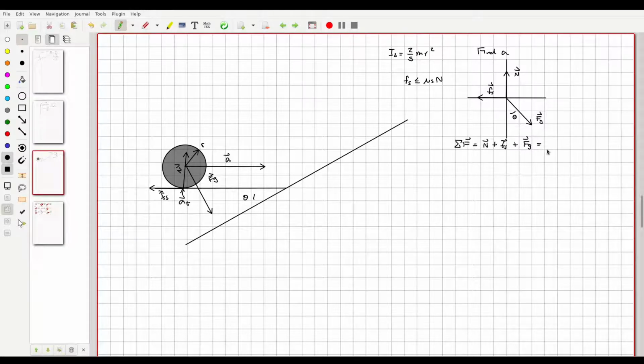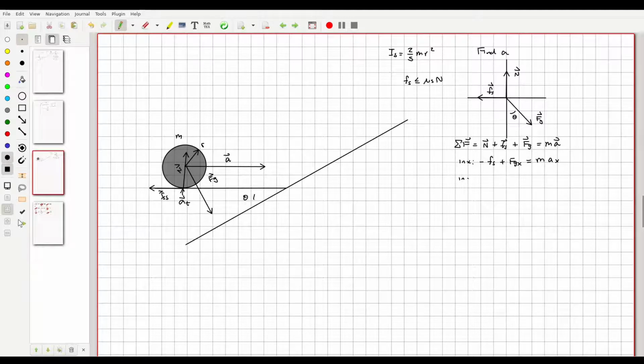And that's going to act on our mass m to cause it to experience acceleration. So I guess I should probably label it as a mass m2. Now, in the x direction, what we have is this. We have a negative static frictional force, and we have a positive x component of the weight, and that's going to act on our mass to cause it to experience acceleration in the x direction.